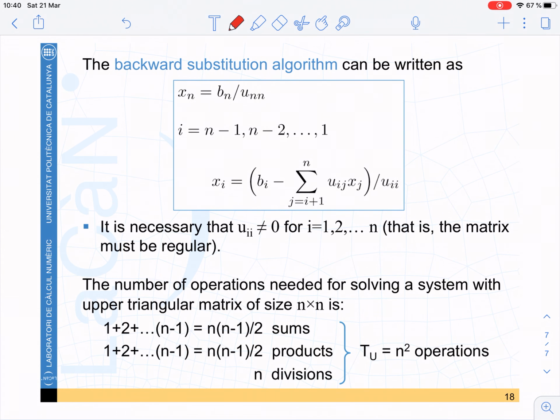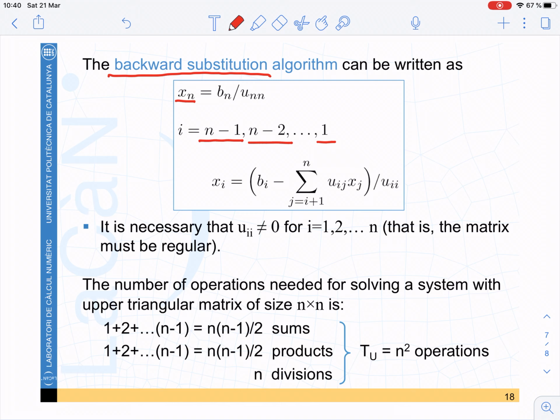That is, the so-called backward substitution, or backsubs for short, algorithm consists simply in computing first xn and then xn minus 1, xn minus 2, dots x1 sequentially.